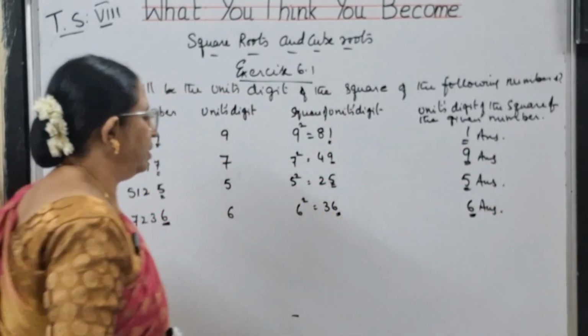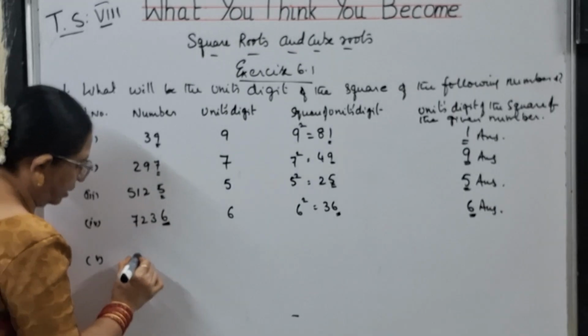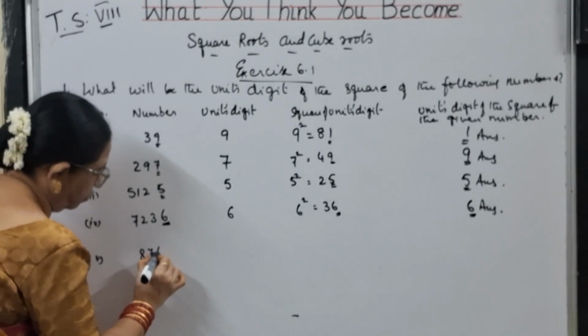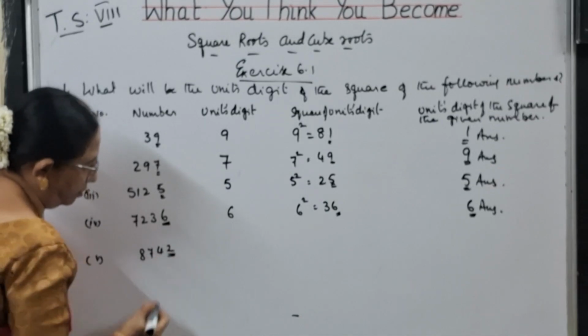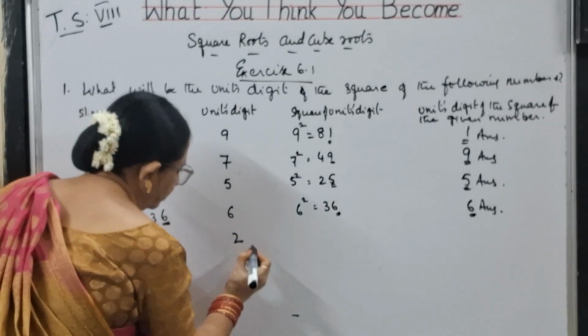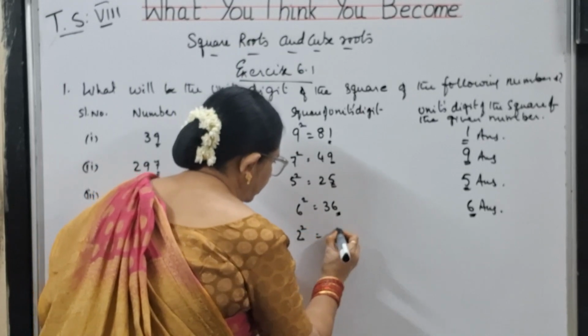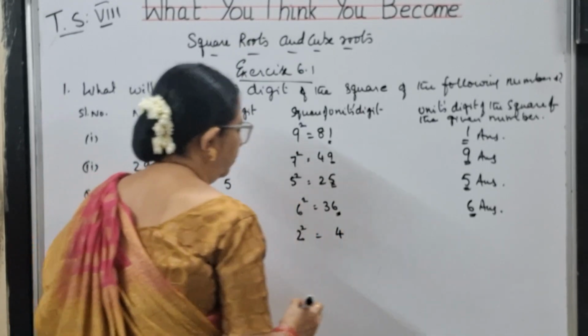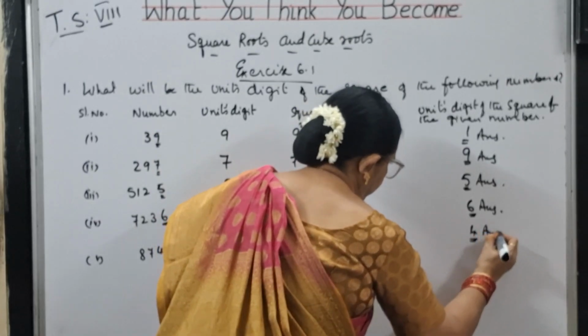This is the answer, children. Next, fifth bit. 8742. So units digit is 2. So I am writing that 2 here. So 2 square. How much am I getting? 4. So it has got only one digit, units digit. So 4 is the answer.